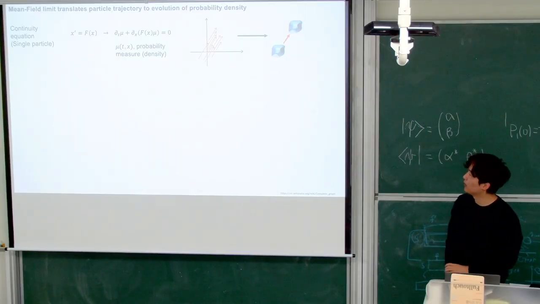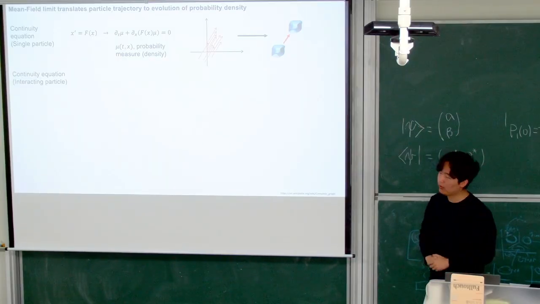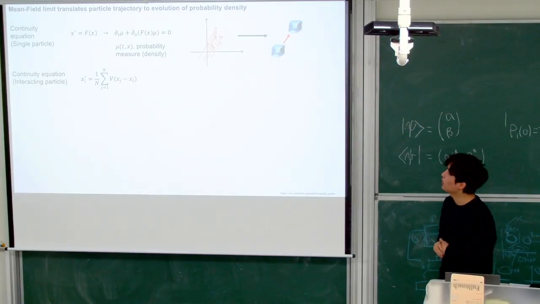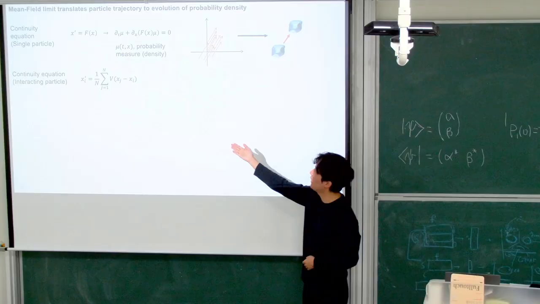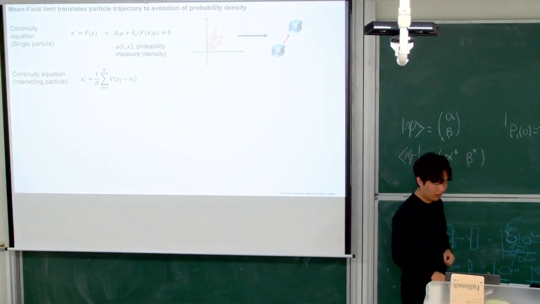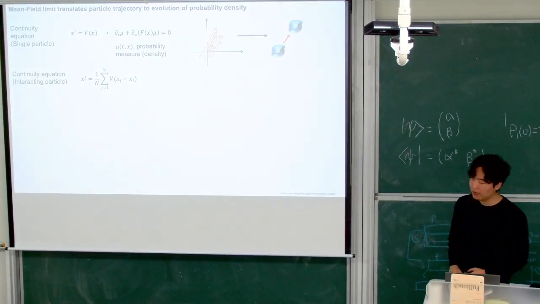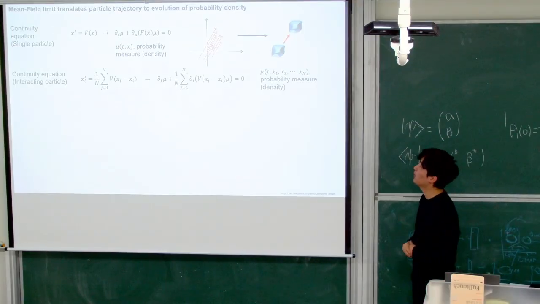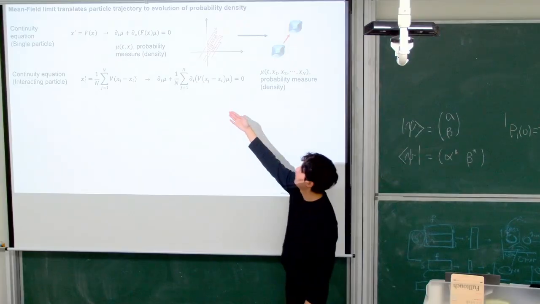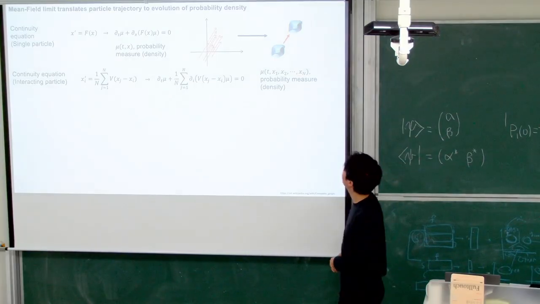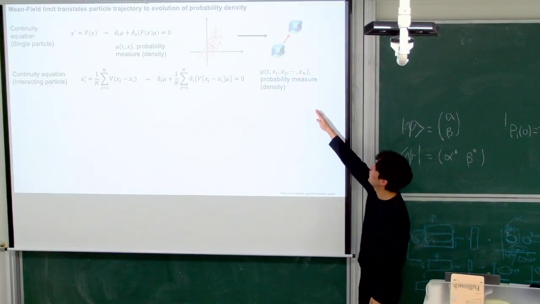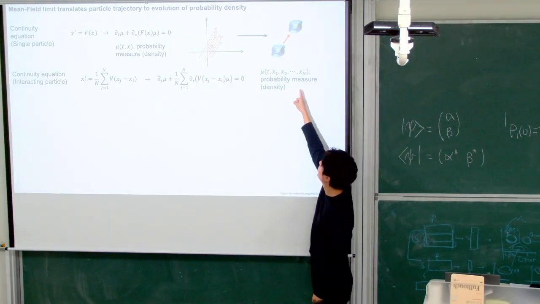These two are equivalent. You can do this also with the interacting particle system. If you have n number of ODEs like this, interacting with the function v, you can also write the continuity equation. So this is just the same thing. Here, mu is now a density of n particles.